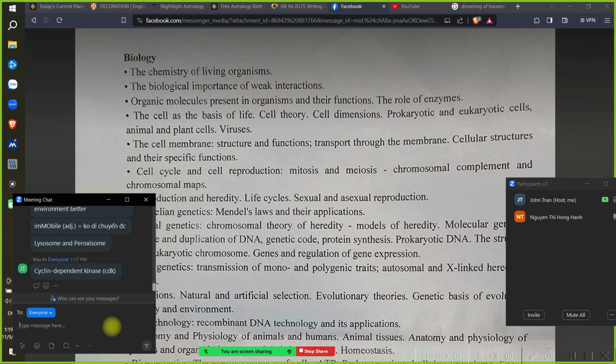Well, that is all I know about the cell cycle. In total, there are two parts, interphase and mitosis. Interphase is primarily where cell growth occurs, but there is no cell division.